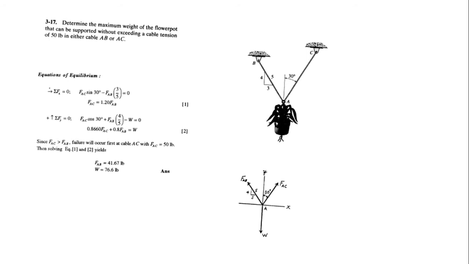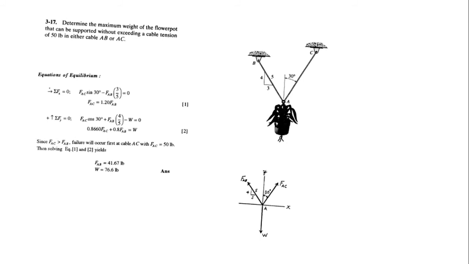And remember what he is saying: you need to determine the maximum weight of the flower pot that can be supported without exceeding a cable tension of 50 pounds in either AB or AC. So the tension in AB or AC must not exceed the value of 50 pounds. Okay, so force AC comes out to be equal to 1.2 times force AB. Now you apply sigma Fy equal to 0.